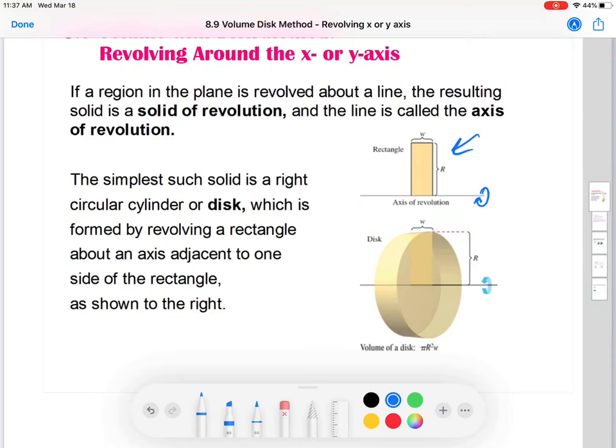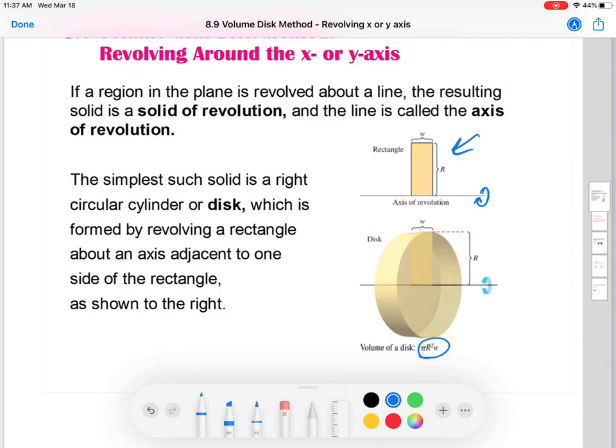We get a shape that's just a cylinder, and we all know the volume of a cylinder is this fairly easy formula from geometry, pi r squared h normally, but since they're sideways, our height is kind of like our width. The idea is the same as when we talked about cross sections. If you know the area of the cross section, in this case a circle, and you can integrate an area formula, you can find volume.